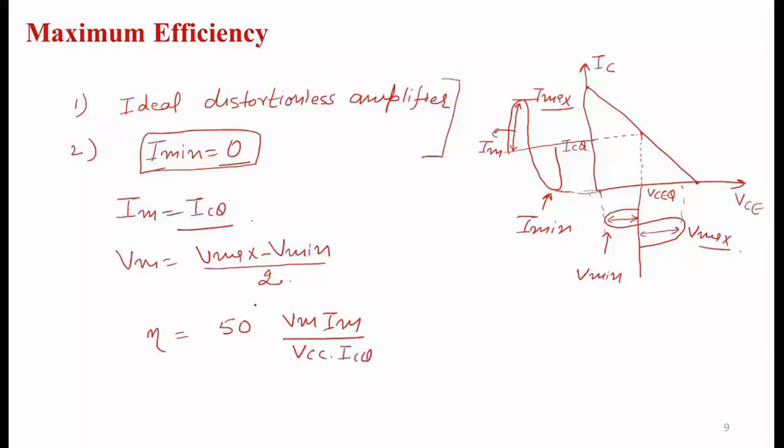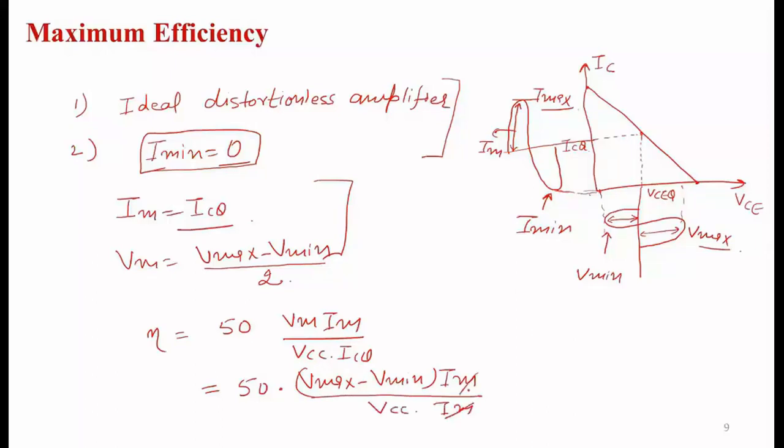If we put these two expressions into this expression, we find that 50 into (Vmax minus V minimum) is equal to Im divided by VCC into Im divided by 2.